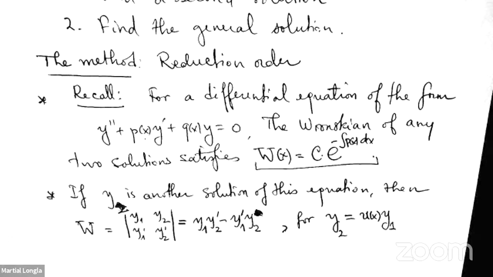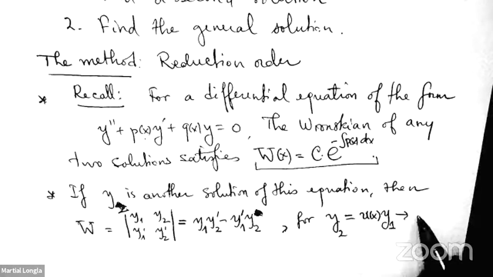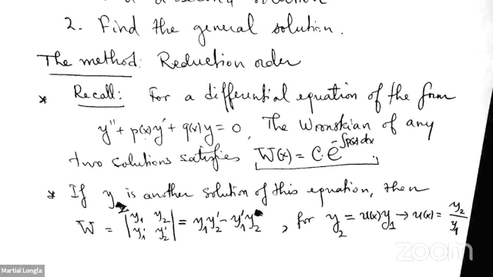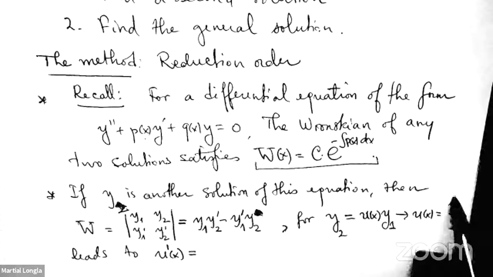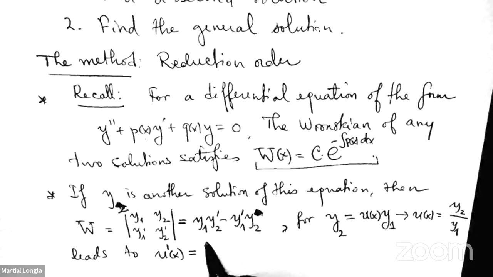Then you would see that u of x, which is y2 over y1, leads to u prime of x equals the derivative of this ratio, that's a quotient rule, that's y2 prime y1 minus y1 prime y2 over y1 squared.